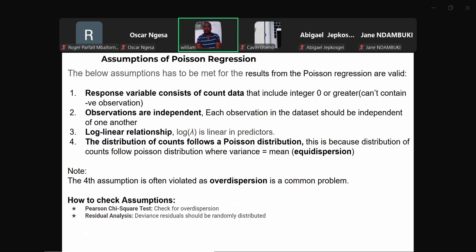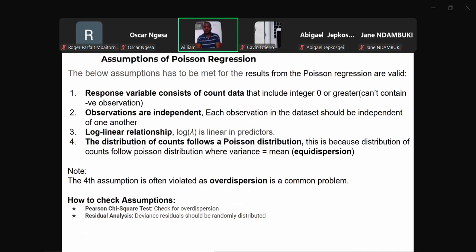So Poisson regression follows a couple of assumptions. First, the response variable consists of count data, which includes integer 0 or greater and cannot be negative. Second, observations are independent.